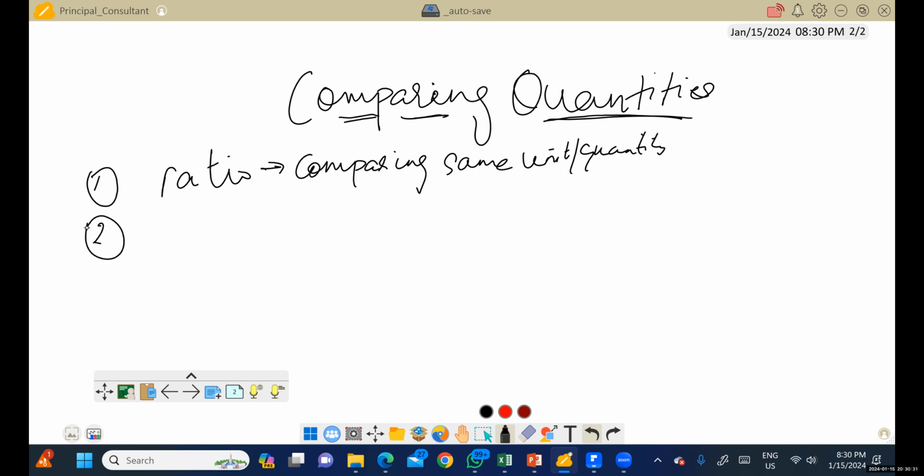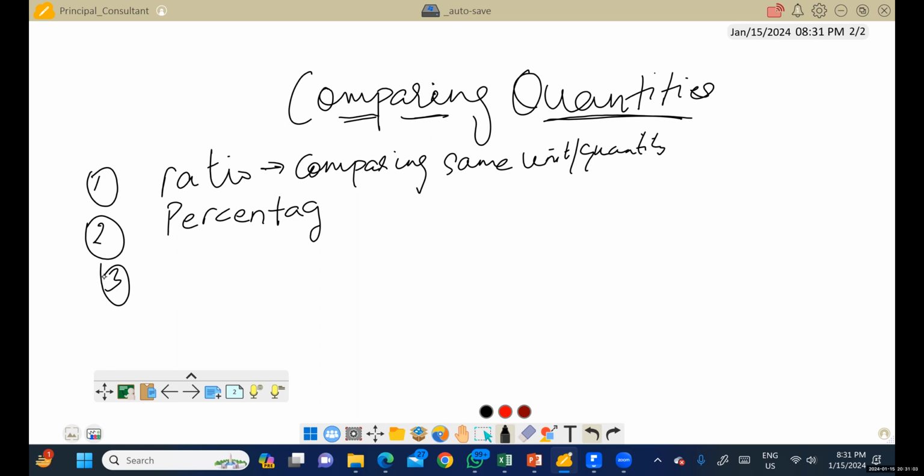Himangi, which is another way in your syllabus where we are comparing quantity, or Daksh? The percentage. Percentage. Very good. Anirudh, anything which you know in comparing quantities in your book?